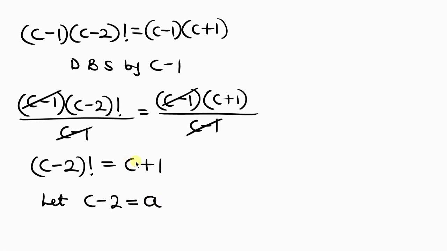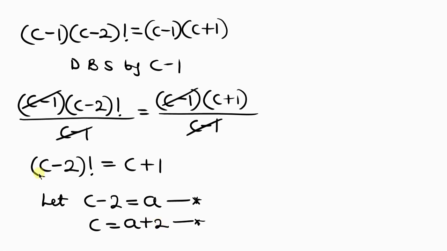But since I have c here on the right hand side, I'm going to be making c the subject by moving negative 2 to the right hand side, so that I have c equal to a plus 2. As negative 2 crosses to the right, it becomes plus 2. So these are very important in solving this question. So wherever I see c, I'm going to be substituting a plus 2.